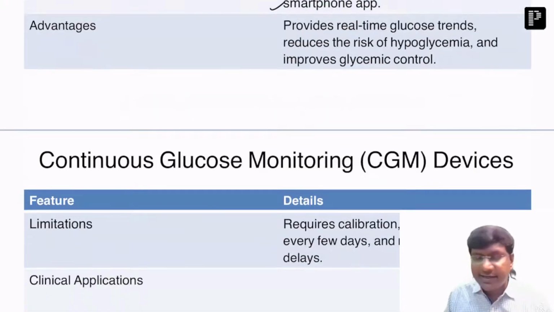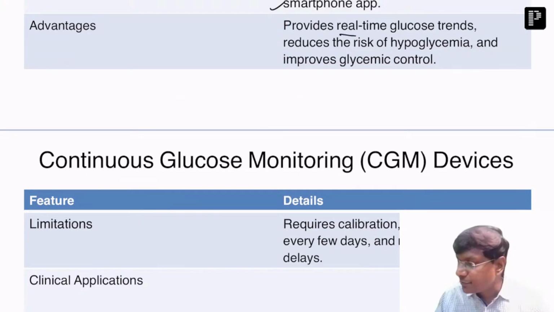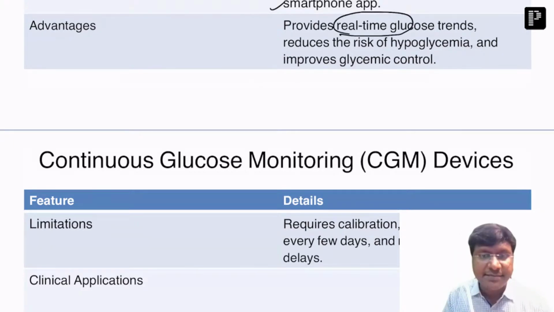What is the advantage of these CGM devices? It provides you real-time blood glucose levels, and thereby reduces the risk of hypoglycemia and improves glycemic control. But there are some limitations.